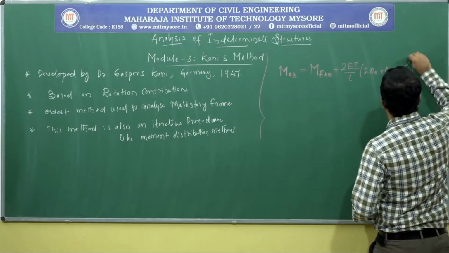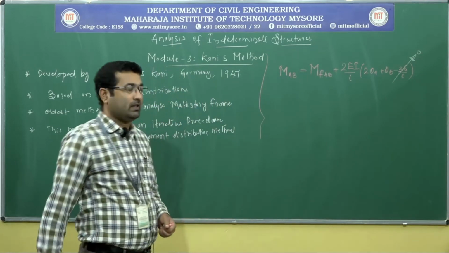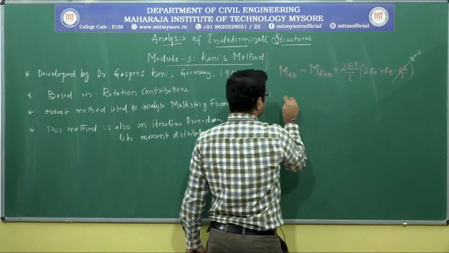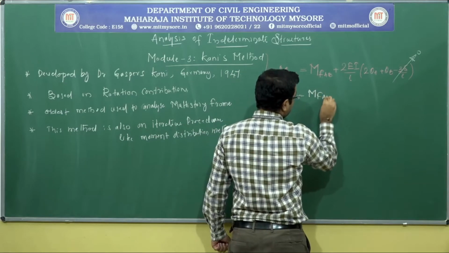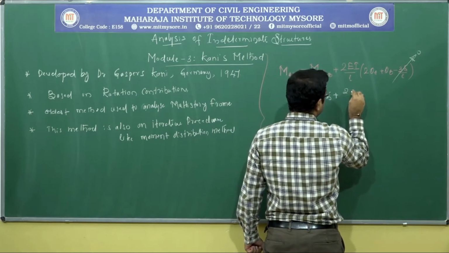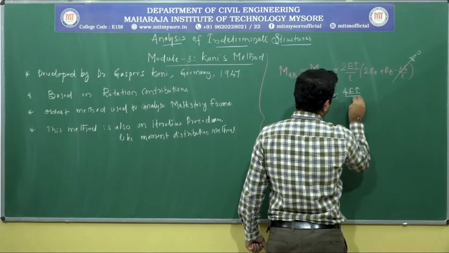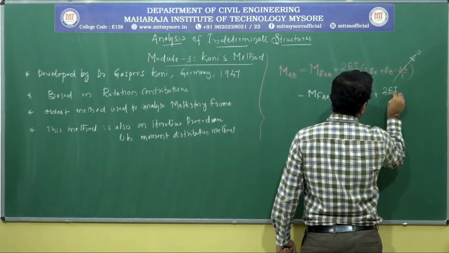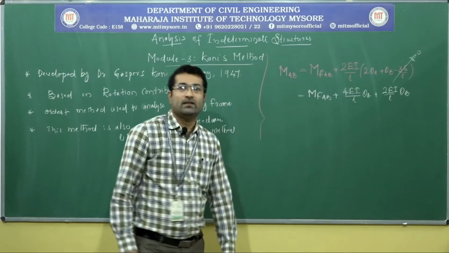If the sinking is 0, then the last term, 3 delta by L, goes to 0. Now if I rearrange this, we get MF AB plus 4 EI by L into theta A plus 2 EI by L into theta B.